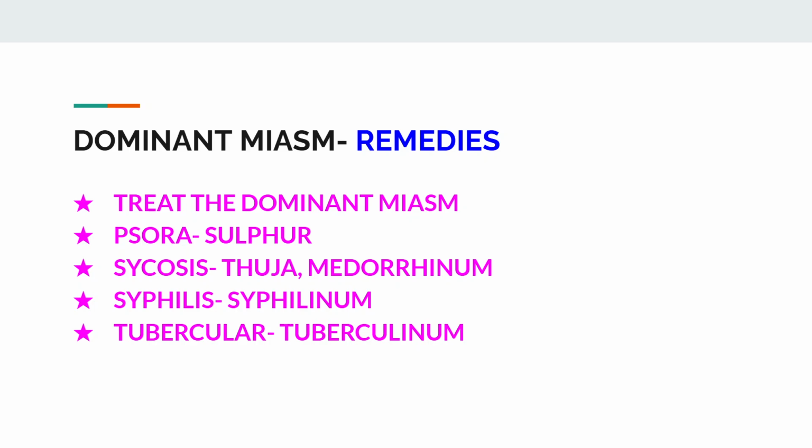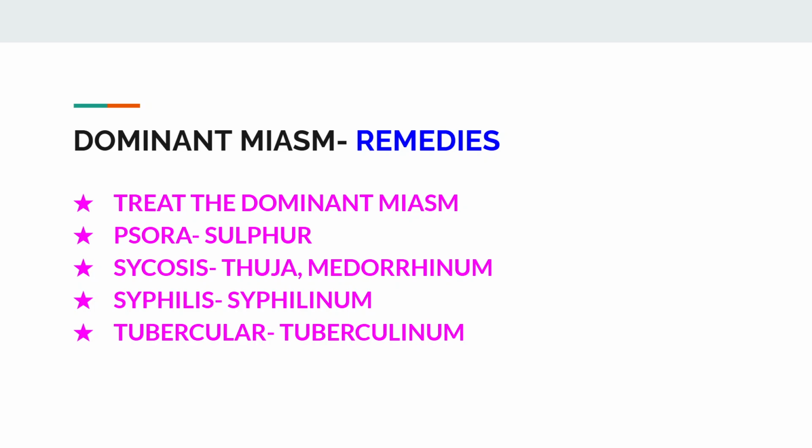So this is a guideline for the physician: if the symptoms in the totality are only of the underlying miasm, then you can start the treatment with the anti-miasmatic remedy. All these remedies are called anti-miasmatic remedies.